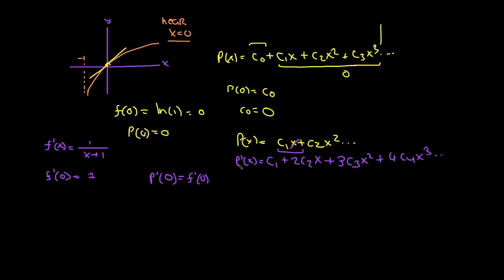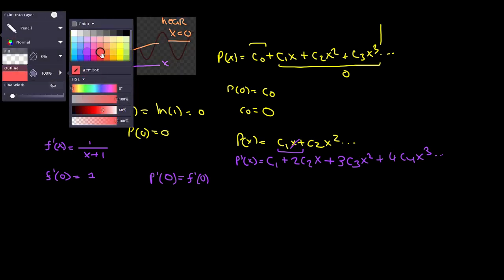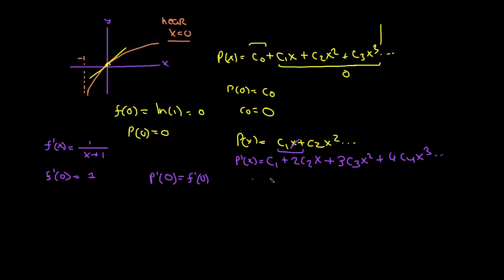Alright, so that's the derivative of our polynomial. And now we can just evaluate it at 0, right? Because that's what we want. So we want the derivative of our polynomial to equal the derivative of our function, which is just 1.